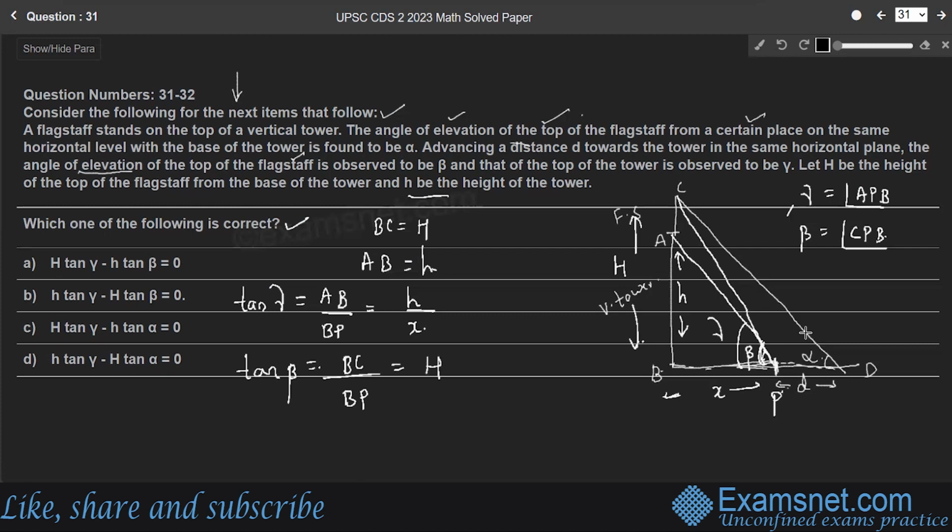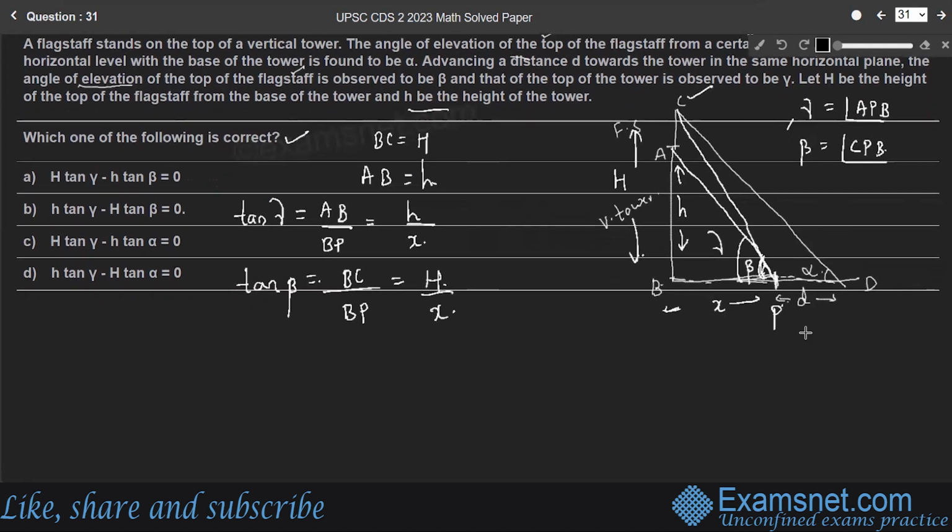BC is capital H, the height of the flagstaff from the base. BP, according to our assumption, is x. So from these two, tan gamma and tan beta, we can take x as h by tan gamma, and x is capital H by tan beta.